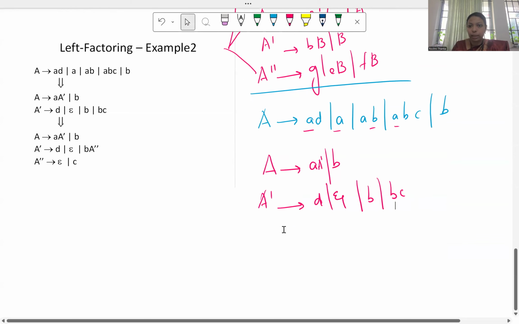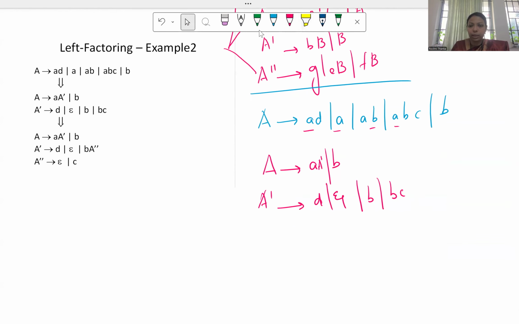Now look at here again. If you look at this, you can see another common term is present. Who is the common term now? b. Now we have to change it. So how will you change? The start symbol order doesn't change, right? The first production is this itself. Now this A dash tends to b, epsilon.